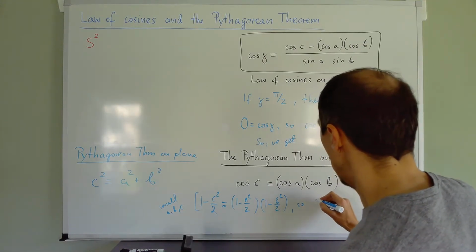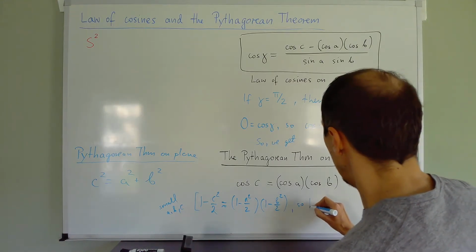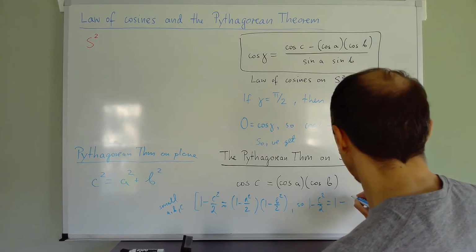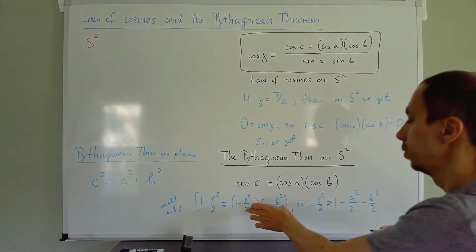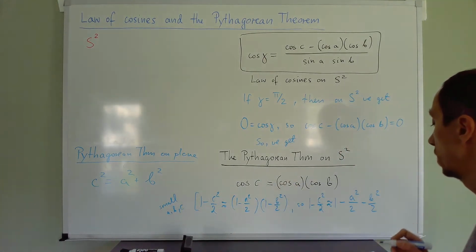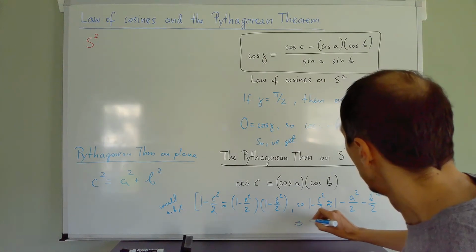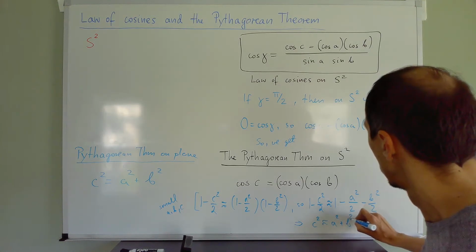So if you multiply everything out, you get 1 minus c squared over 2 is equal to 1 minus a squared over 2 minus b squared over 2, again approximately equal. The last term would be a squared b squared over 4, which we ignore because it's much smaller than the other ones. So you get that c squared is approximately equal to a squared plus b squared.